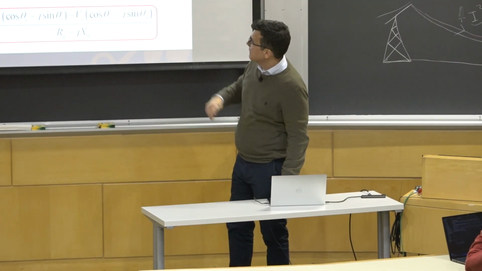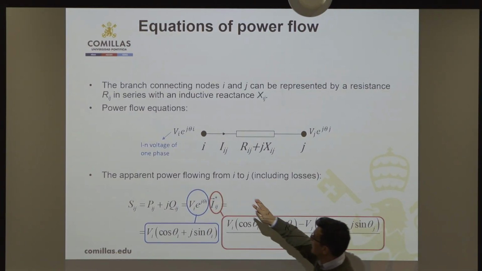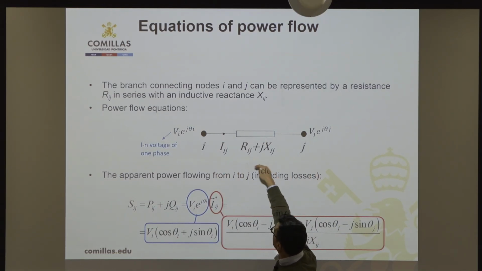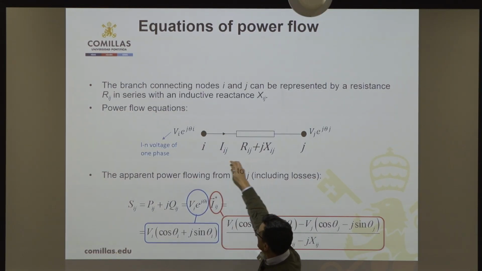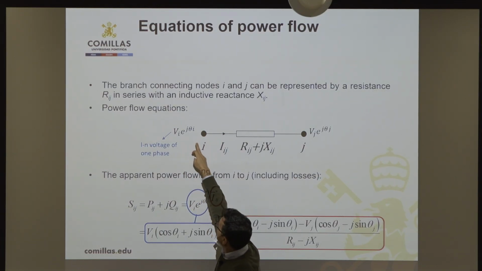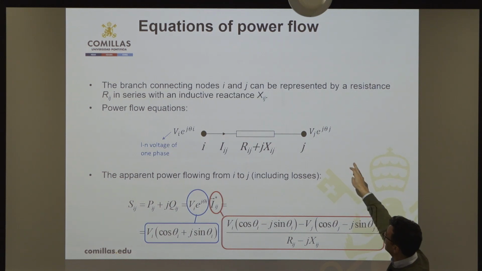Okay, so some equations that can be skipped here. Here is node I, node J. Here is the electrical characteristics of this line, the resistance and the reactance. This is the voltage in one node characterized by the magnitude and by the angle. V for the magnitude and theta for the angles in both extremes.